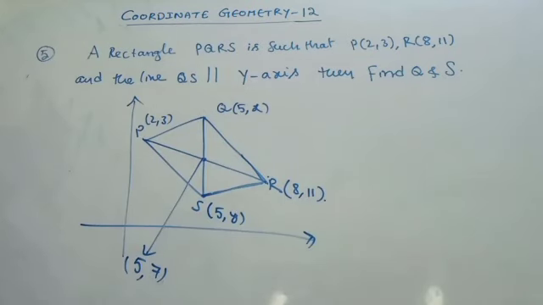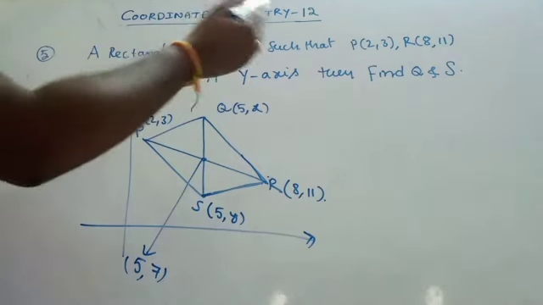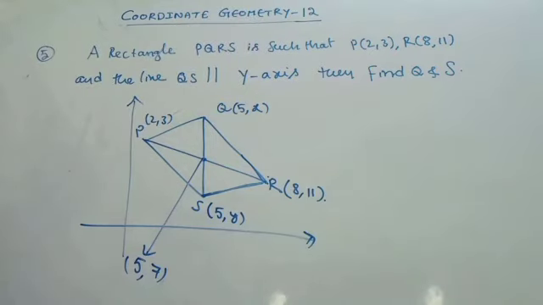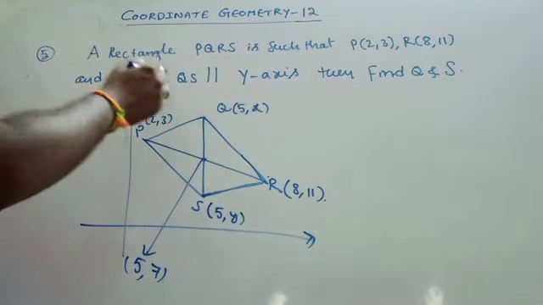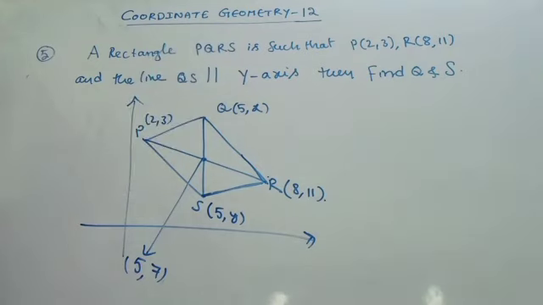Now, another interesting problem, the 5th one. A rectangle PQRS is such that P is (2, 3), R is (8, 11) and the line QS is parallel to the y-axis. Then find Q and S. Once we observe this problem, it is a rectangle PQRS.